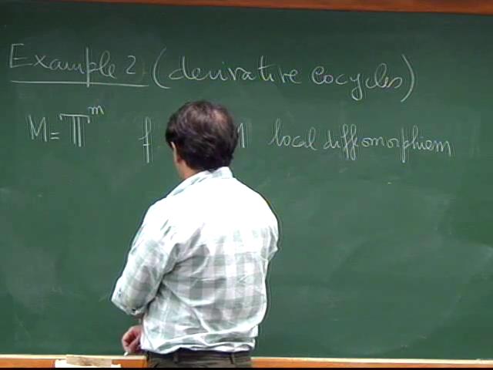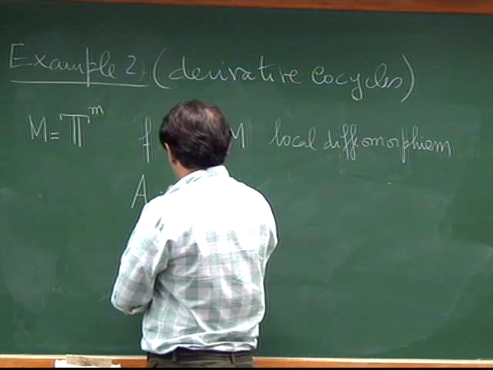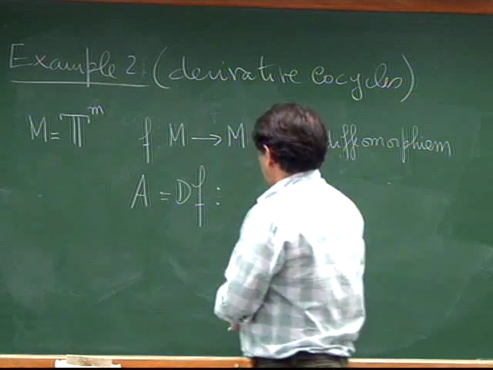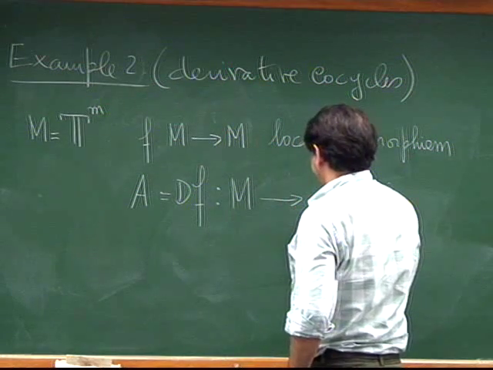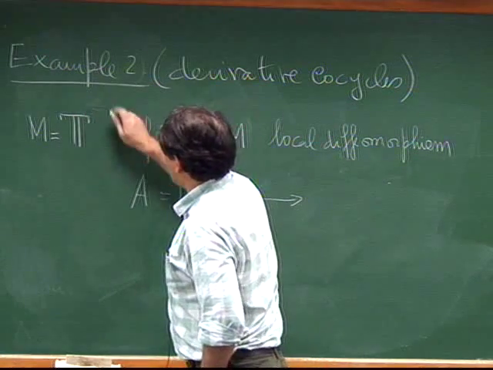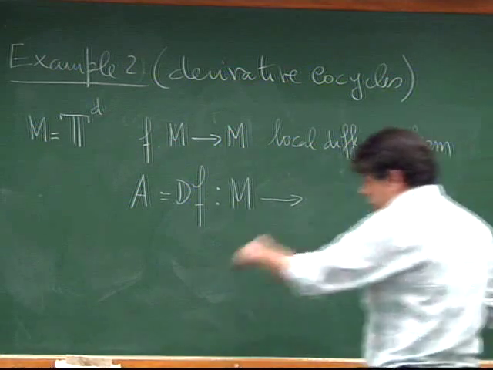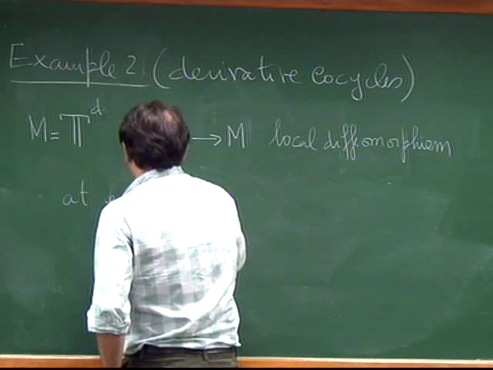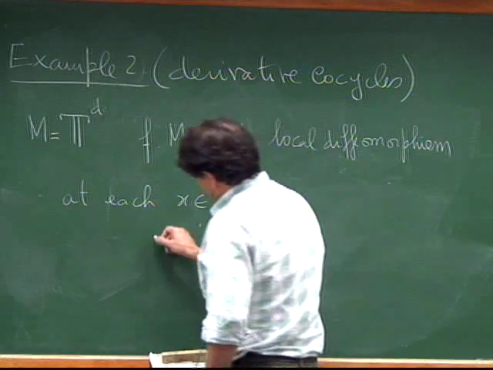Then you can define the following transformation, the following function. A, which is also known as the derivative of f, is a map from M to, sorry, I should have said the d-dimensional torus. Yes, I do want M to be the d-dimensional torus. So at each point x in M, in the torus, I consider the derivative of f.